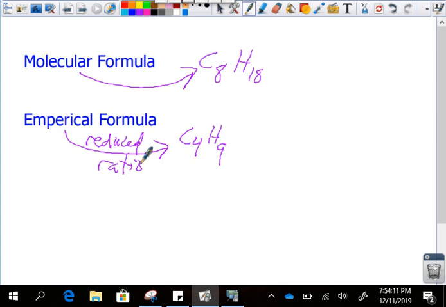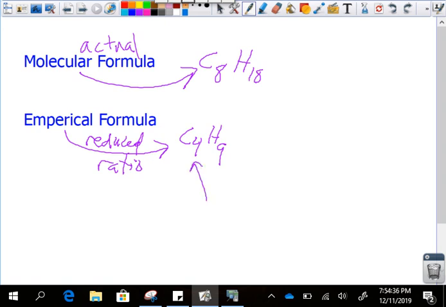Yep. So molecules are the actual ratio of atoms, and empirical formula is a reduced ratio. So this is octane, found in gasoline, and gasoline is made up of a whole bunch of C8H18s, or octanes. And then if you reduce the ratio, you've got something that is not really a formula.